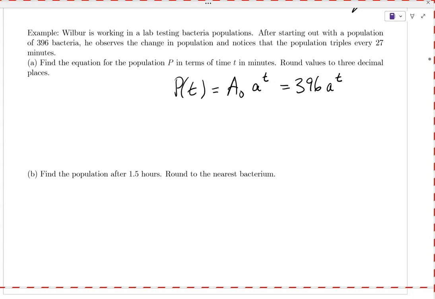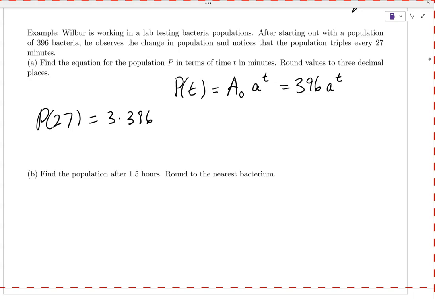If you start with 100, tripling means you get to 300. So if it starts with 396, you want to triple 396. Exactly. So if we plug in 27, we want 3 times 396. That's what it's asking us to find.